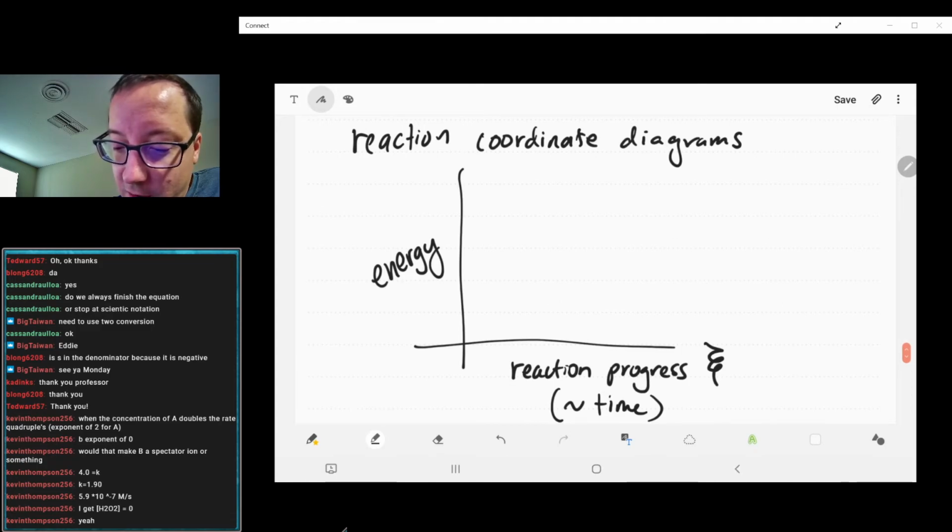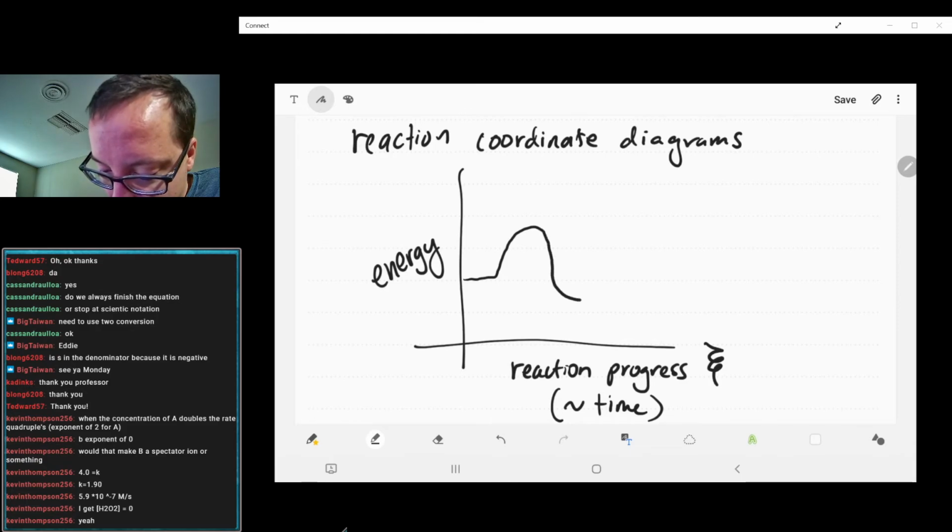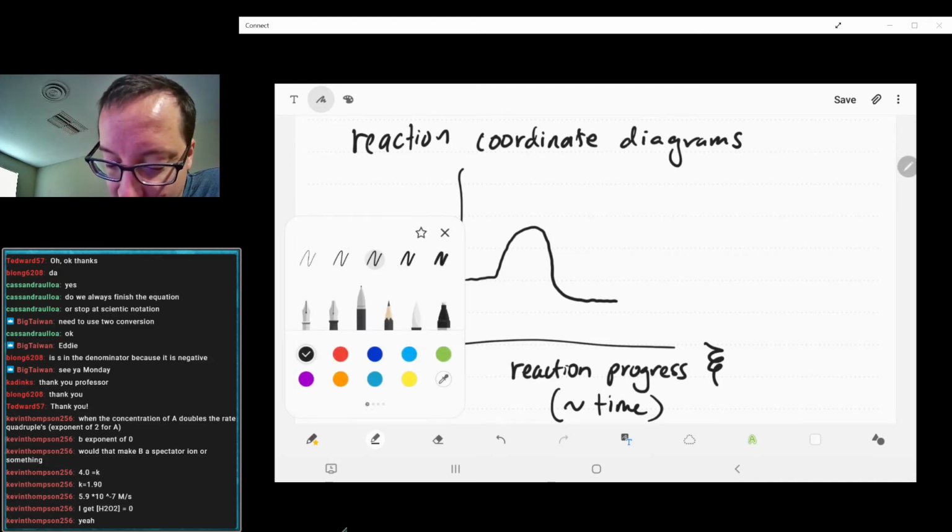How these look will be something like this. This is what a reaction coordinate diagram would look like. And let's say we have hydrogen and chlorine combining to make hydrogen chloride or hydrochloric acid, depending on what our environment is.